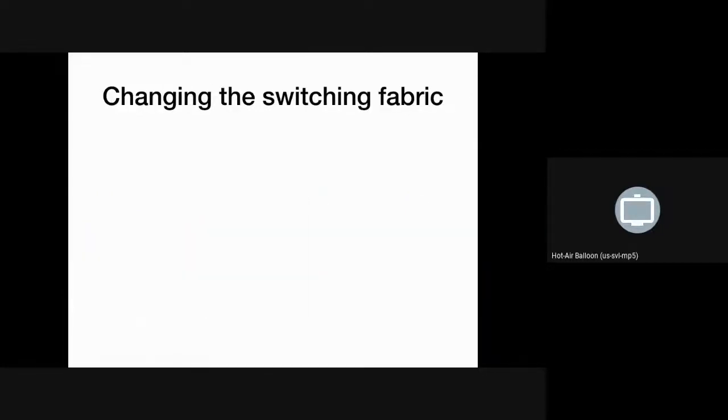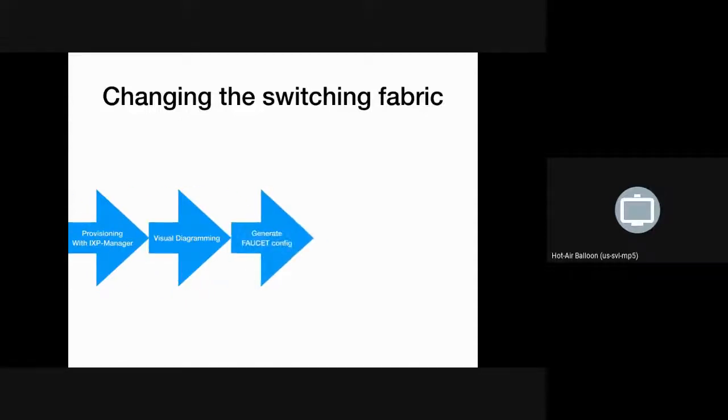Then, to change the switching fabric, the most costly and difficult part, we also do provisioning with IXP Manager. Then we do visual diagramming, and that's what we added to IXP Manager, which I'm going to show you later. And we generate the Faucet config, test it with Mininet, and then we can deploy.